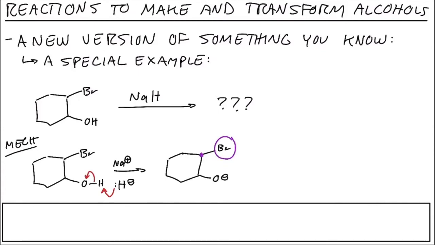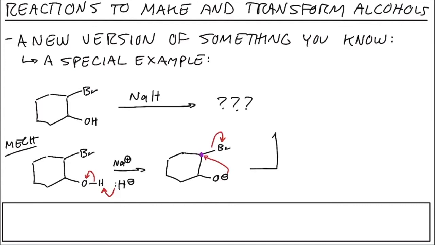So what happens here is maybe a little bit odd, but we use the oxygen with the negative charge to attack right there at the carbon with the bromine and kick the bromine out. And that makes us this slightly unusual product, where we kept the bond from the oxygen to that carbon, but we also made a new bond with the oxygen to that purple dot carbon.